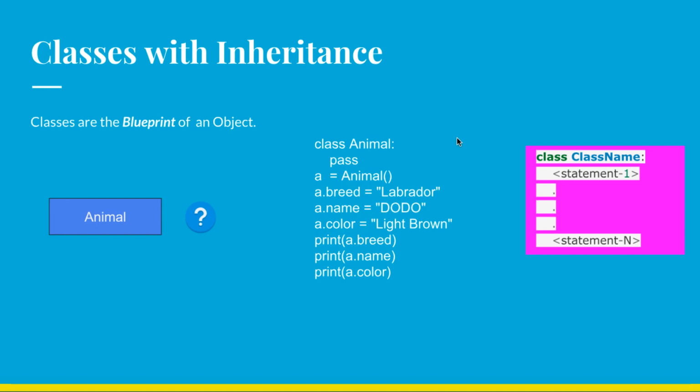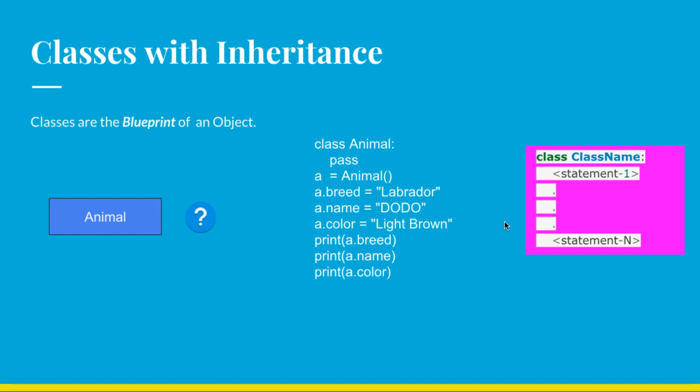For example, let's take here an example of animals, and here is the syntax of class that you can see. The syntax of class is very simple. You need to use the keyword named class with the class name and a bunch of statements inside that particular class. These statements may be variables, or they may be functions. So for example, suppose you want to create an animal and you don't know at the initial level what type of animal.